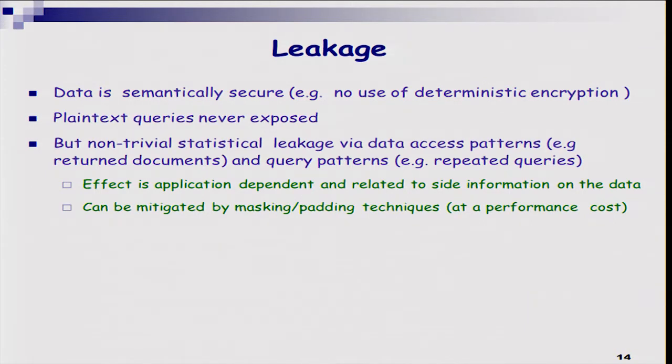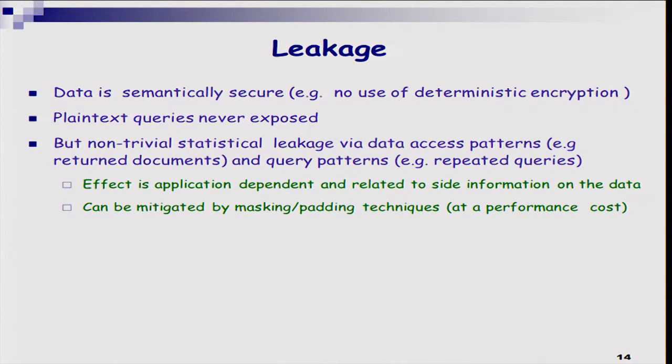OK, so as I said, we prove security of the protocol, but security in the sense of: here is a leakage profile, and I'll prove to you that we don't leak more than that. And that means that we will never reveal plaintext data, which is semantically secure. We don't use deterministic encryption, so you don't see if values in the data are repeated, things like that. Plaintext queries are not exposed.